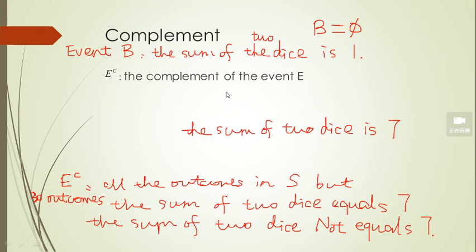And we also talked about the complement. The complement of the event E means the outcomes in the sample space but not in the event E. Actually, that means we can divide the sample space into two parts: the event E and the event E's complement. And E's complement is also called an event.